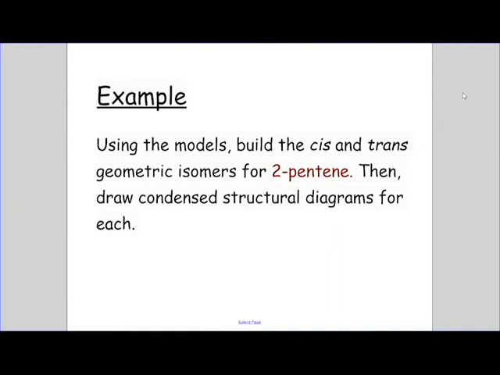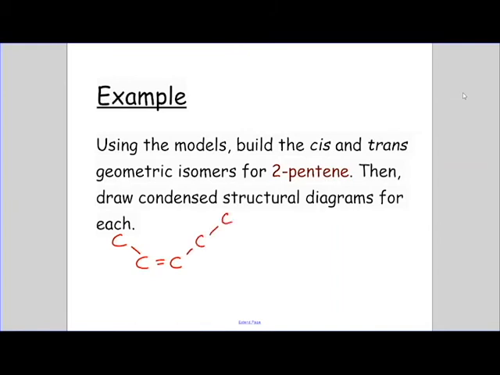Alright, so our pentene chain is normally 5 across, and it has a double bond at 2. But now it's saying to include the cis and trans structure for geometric isomers. So pentene, I have a double bond at 2, and then I'll have one going up, and then the other one continuing that pattern going up.